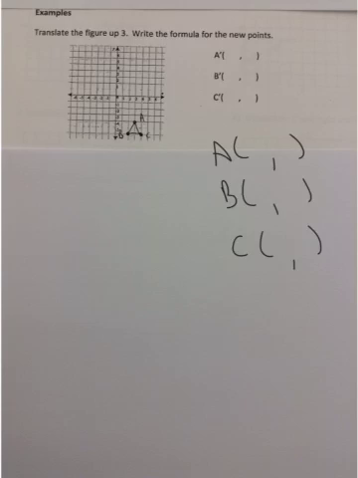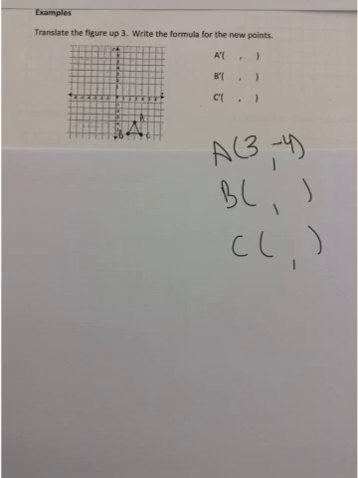So if we're trying to get to point A from the origin, which is right in the center, we're going to go right 1, 2, 3 points. And then we're going to go down 1, 2, 3, 4. So we went right 3 and down 4.